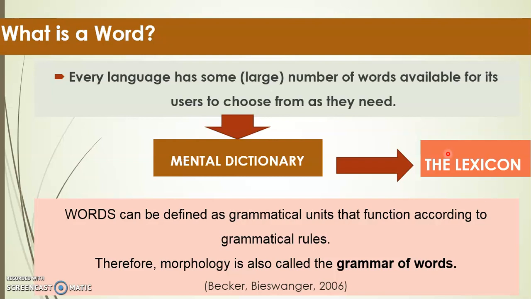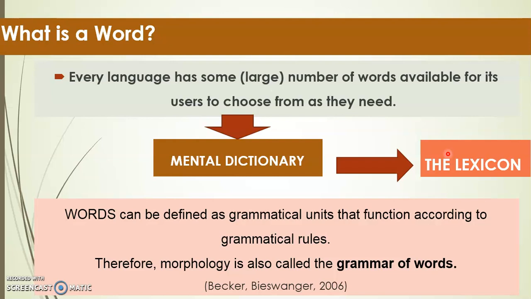That mental dictionary is a collection of many words, and remember that we have this language productivity, that we can create words, and that consists of the lexicon of a language, the collection of words available for the user.